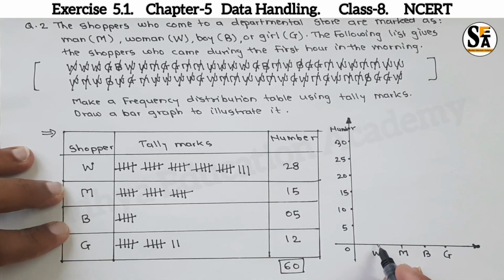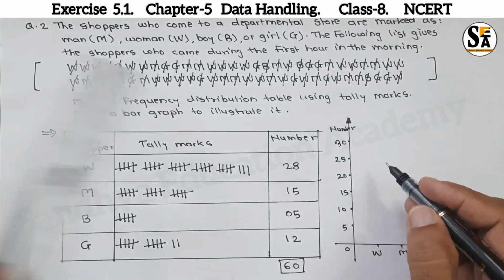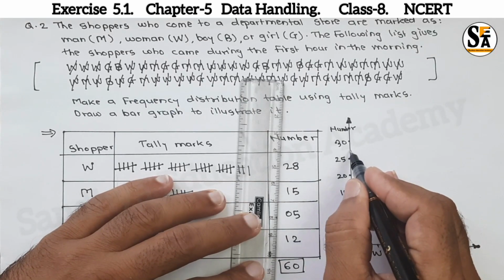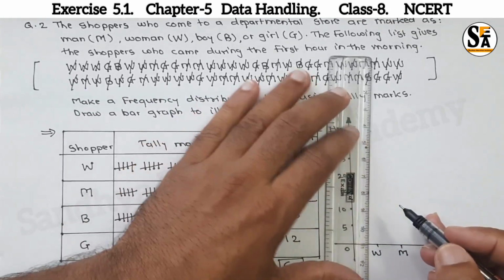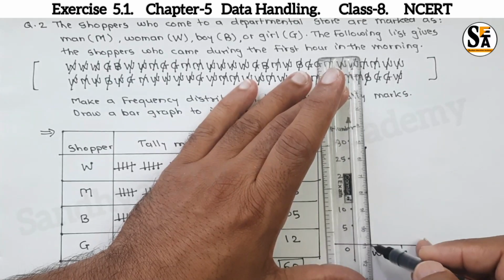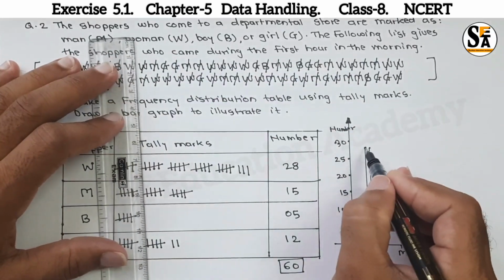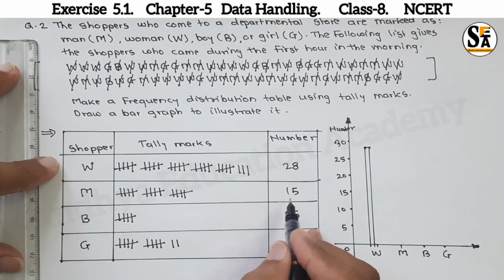For W there are 28 entries, 28 numbers. So we can mark this 28 for W. For M, there are 15 entries.